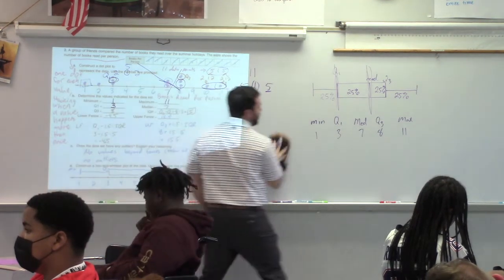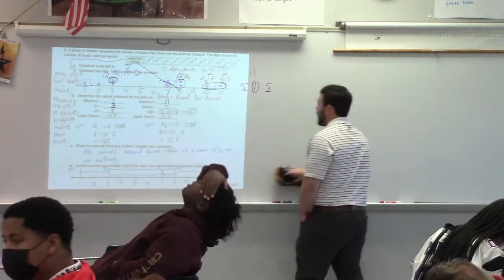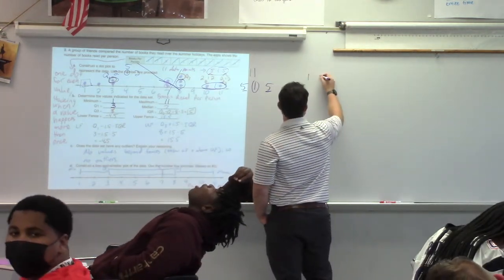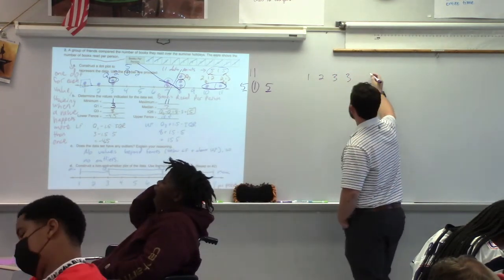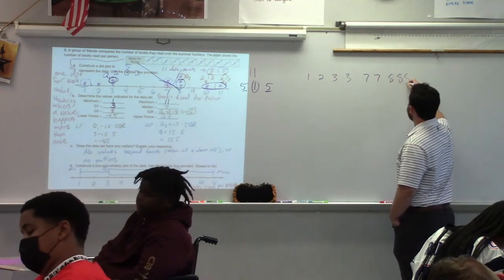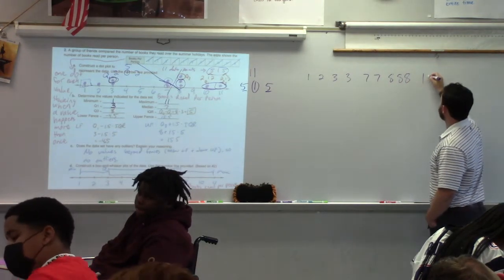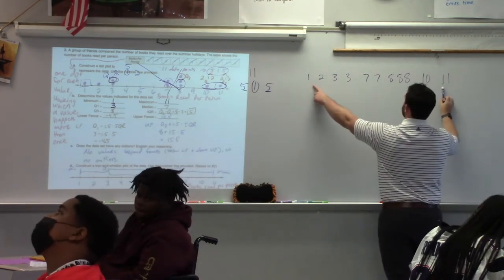Okay, let me show this then. If that's uncomfortable for you, write out your numbers in order. 1, 2, 3, 3, 7, 7, 8, 8, 8, 10, 11. So I'm going to go until I get to the middle.